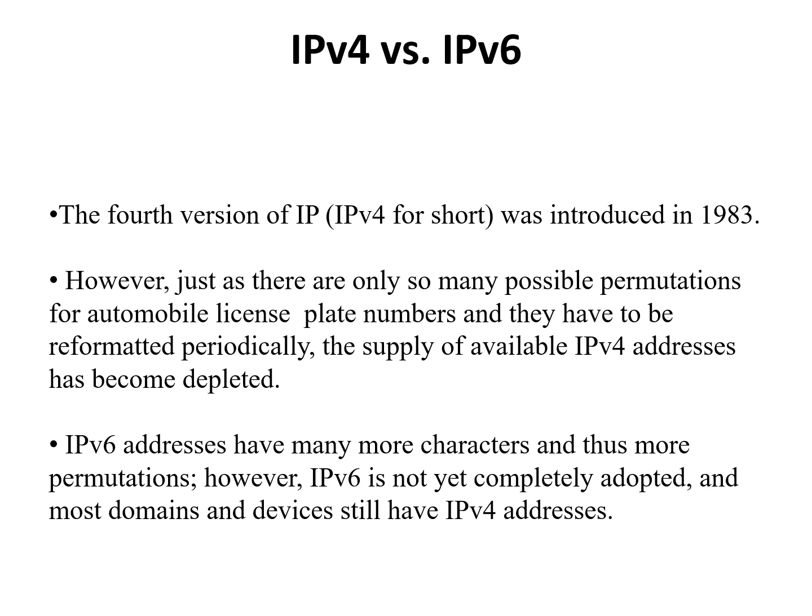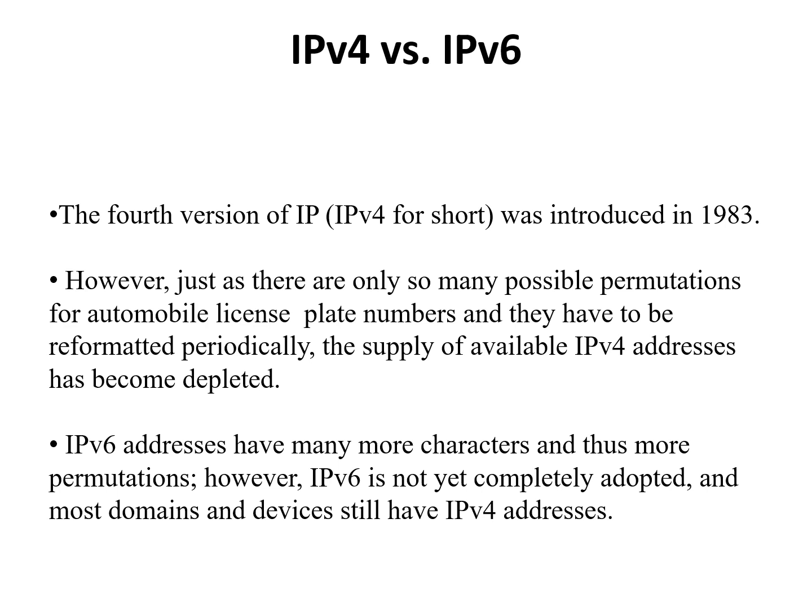The IP address consists of two components, the network ID and host ID. IPv6 addresses have many more characters and thus more permutations. However, IPv6 is not yet completely adopted and most domains and devices still have IPv4 addresses.